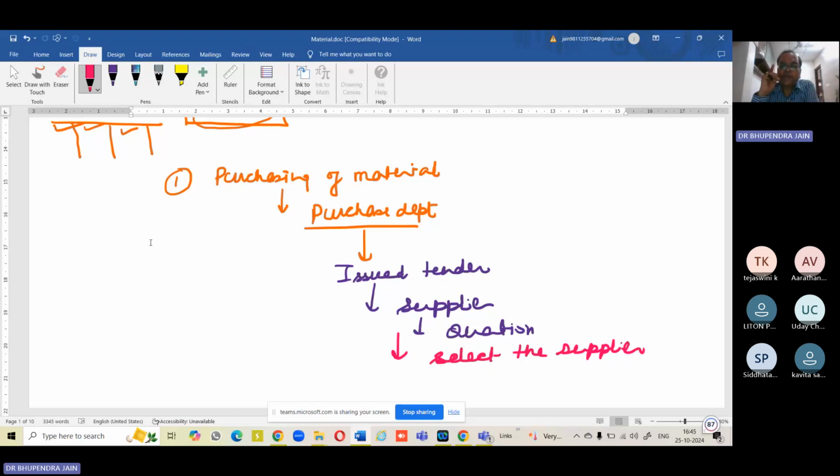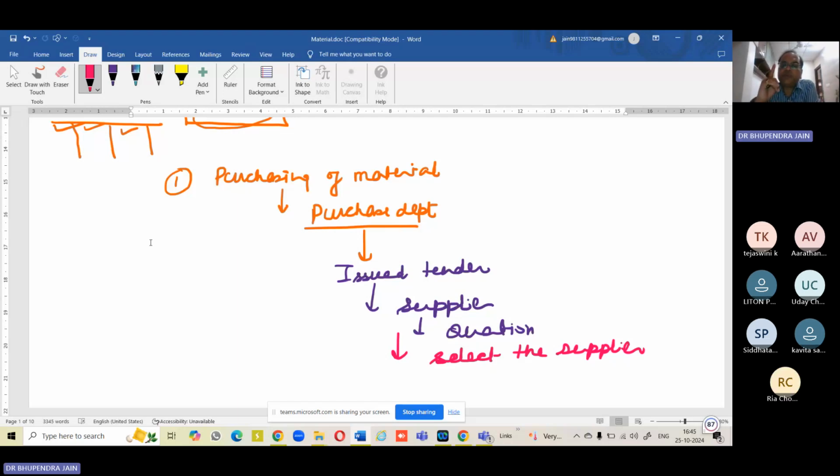What is the step? First, the purchase department issues the tender, or publishes the tender, or advertises the tender in any newspaper or social media platform. On the basis of the tender, the supplier sends the quotation with all the conditions.